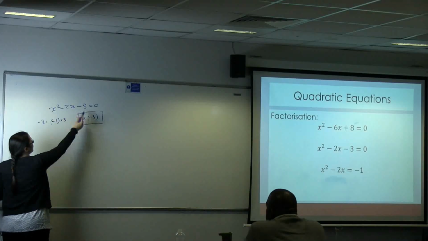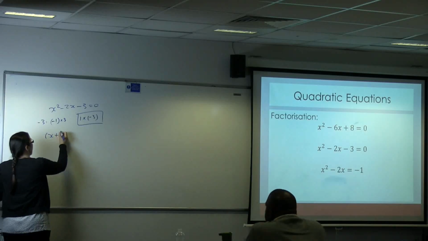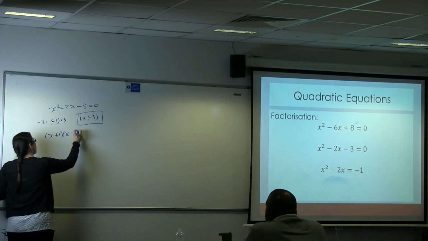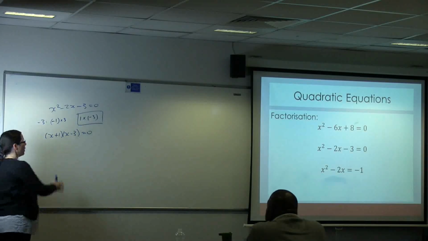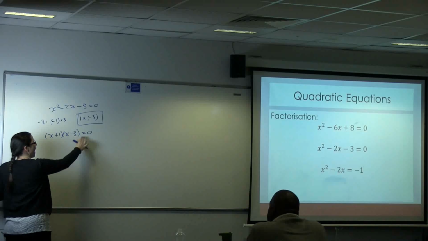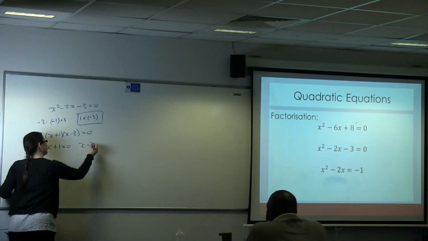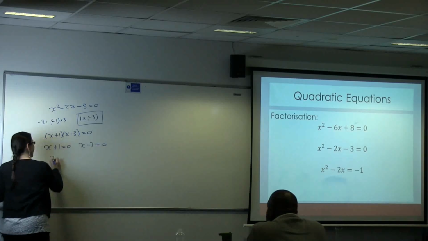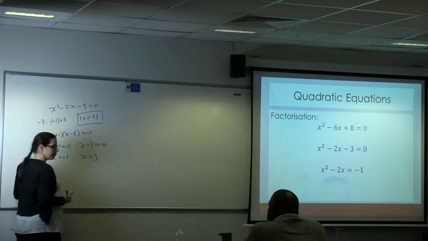So this quadratic can be factored as x plus 1 times x minus 3. And for the same reason as before, either this term or that term has to be 0. So either x is negative 1 or x is positive 3.